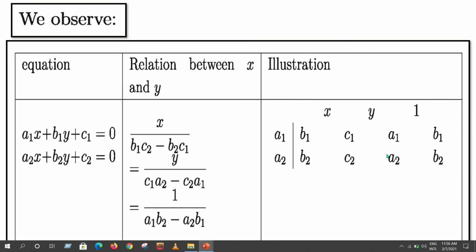Then again, here to here, here to here, here to here. That means for x we can write b1 c2 minus b2 c1. For y, c1 a2 minus c2 a1, and for the constant a1 b2 minus a2 b1, no problem. Okay, you can use this method.